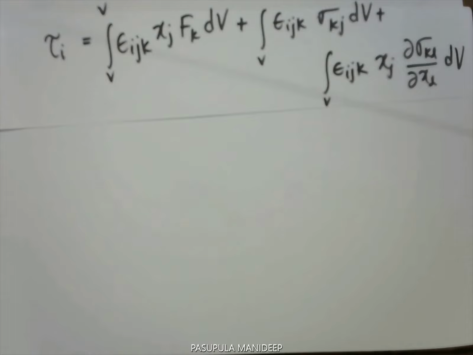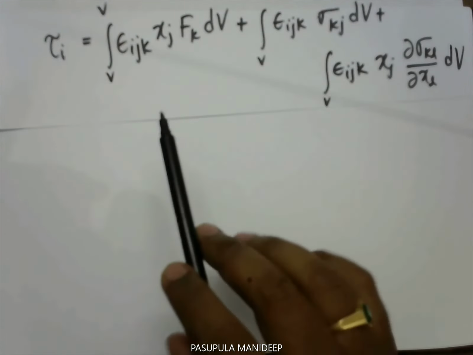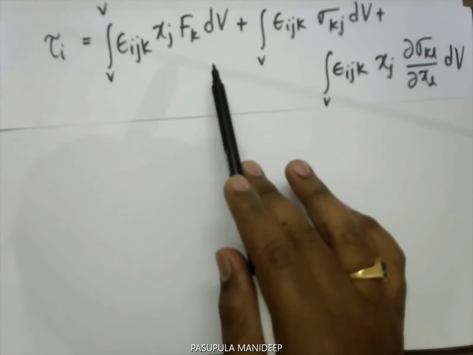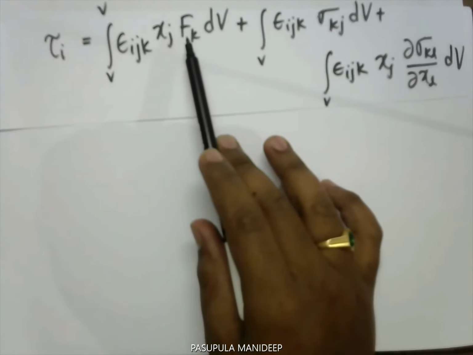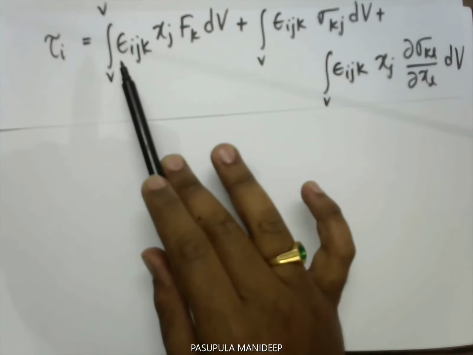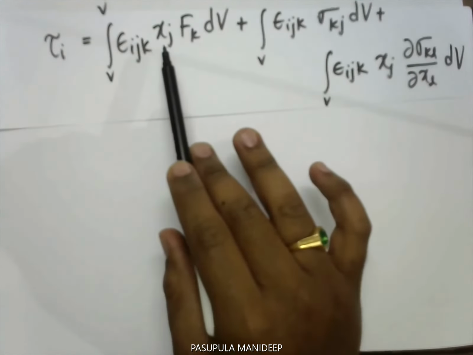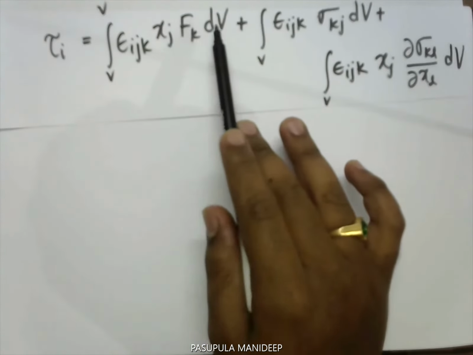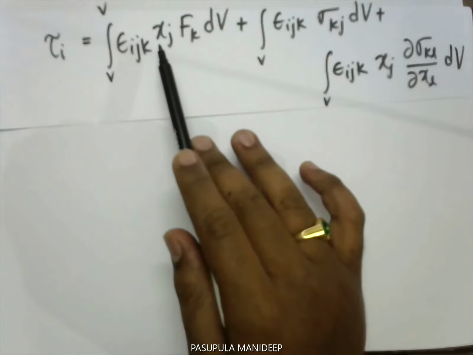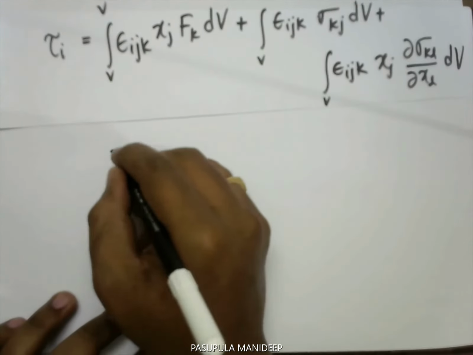Now the first term scales as V power 4 by 3. Here the force is constant, and the third order permutation tensor is also constant. What scales is the volume term and the length term.